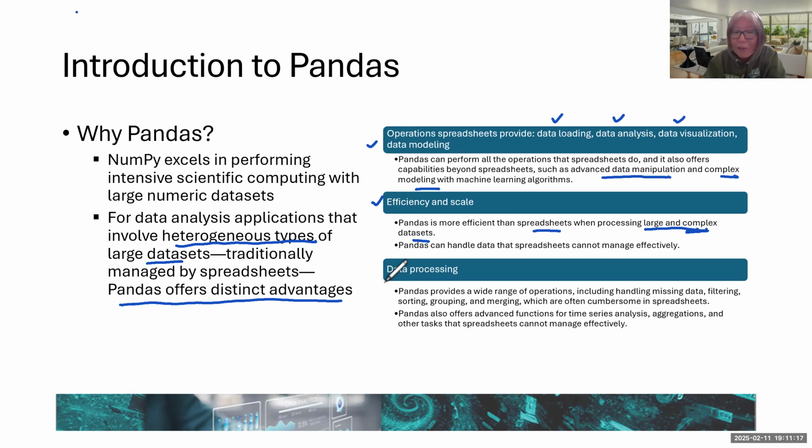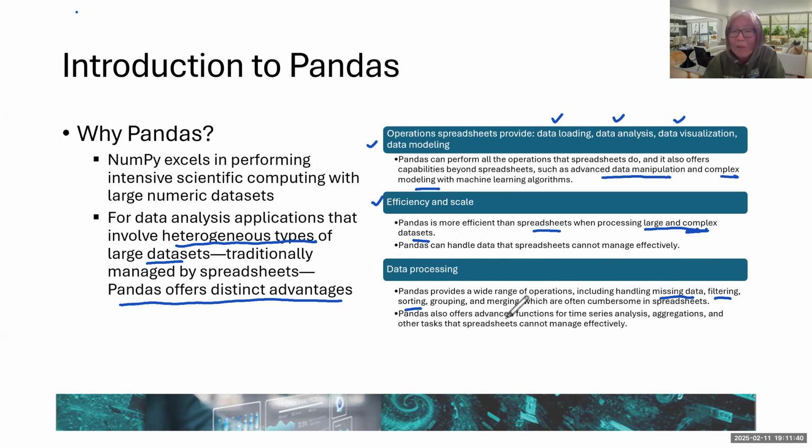And regarding data processing, Pandas, it says, offers a wide range of operations, also including handling missing data. We will see filtering today. We will also see sorting, grouping, and merging. Okay, and those are normally very hard to do in a spreadsheet.